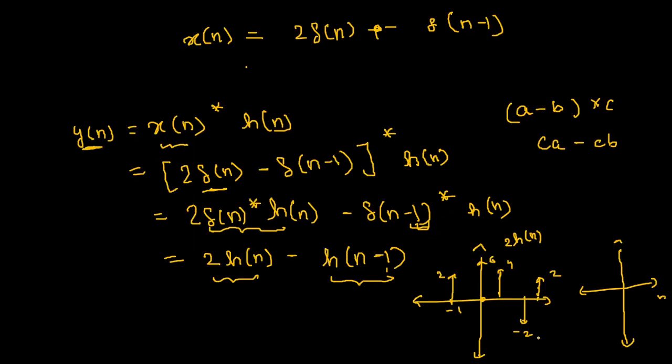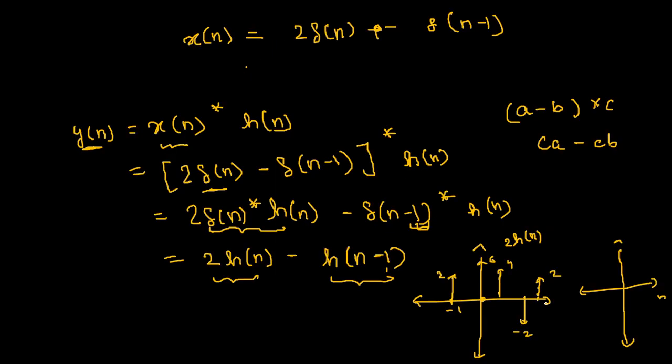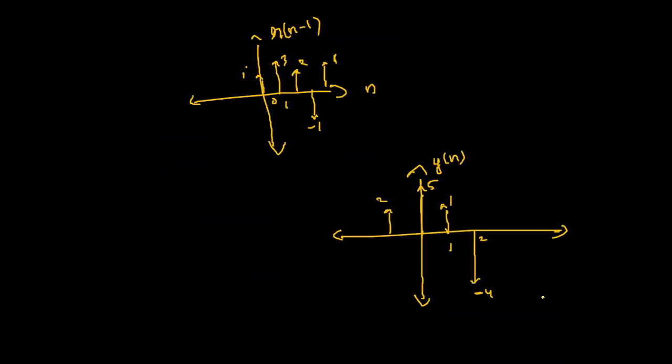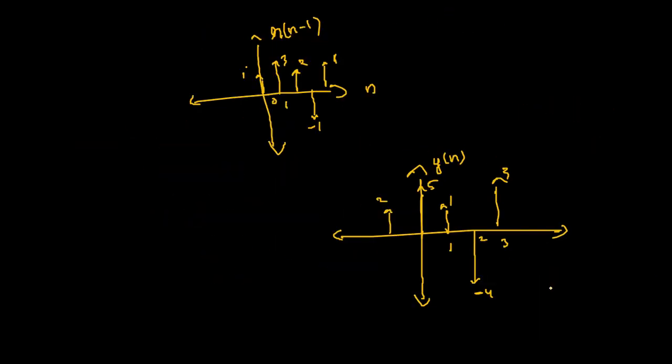At 3 we have 2 here, and we have minus 1 here. So 2 minus of minus 1 becomes 3. So at 3 the value is 3, and at 4 we have 0 here and we have 1 here.